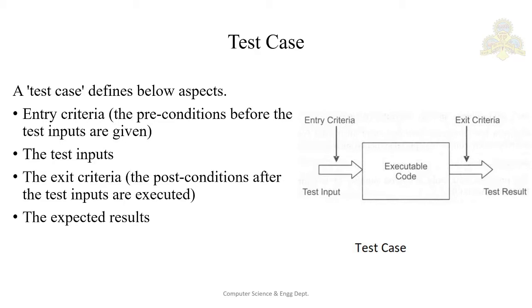So here we have the exit criteria, that is the state your software will go into after giving the inputs, the post conditions after the test inputs are executed. And lastly we have the test result, right? So these are the aspects of your test case.